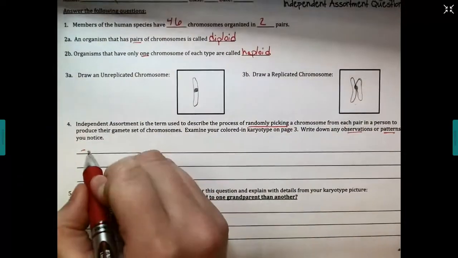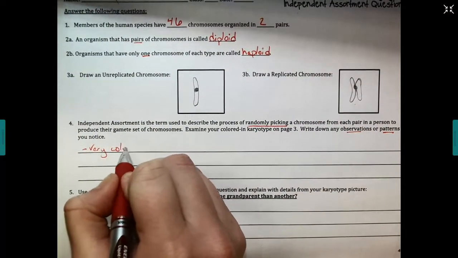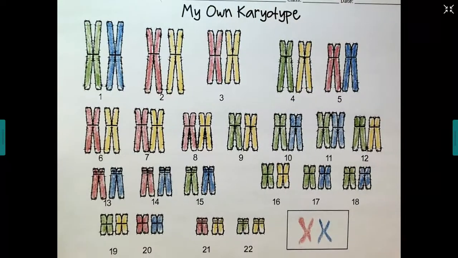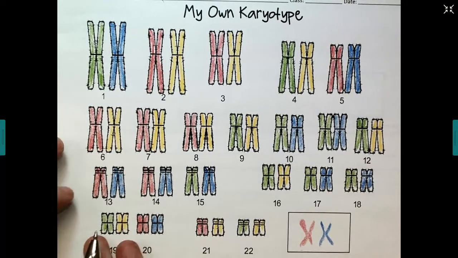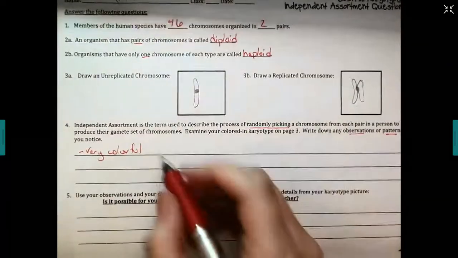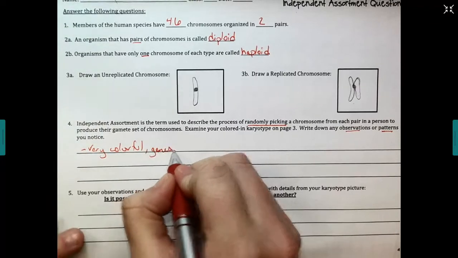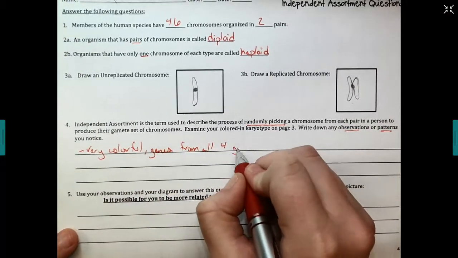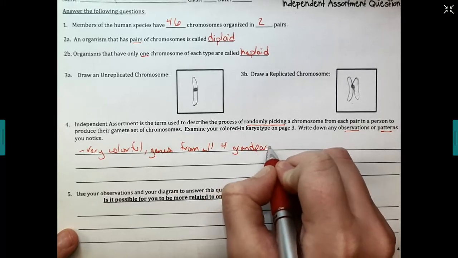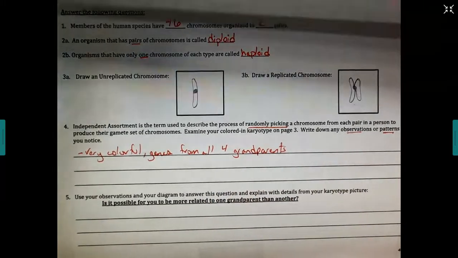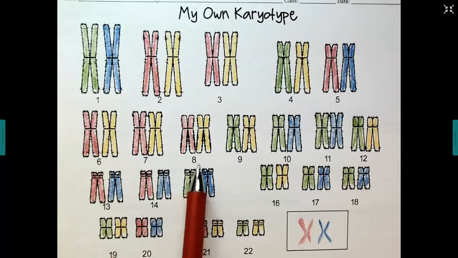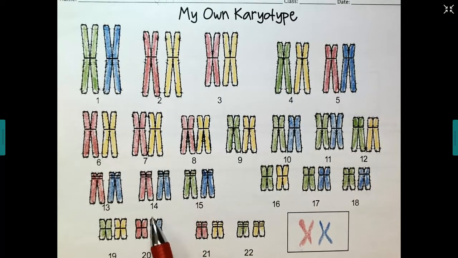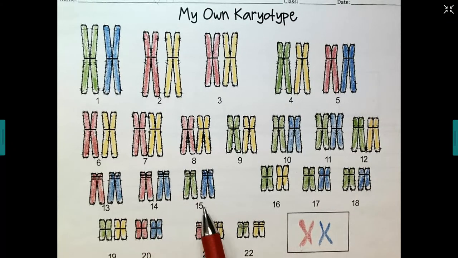It's very colorful. I notice that I do have genes from all 4 grandparents, right? My maternal and paternal grandma and my maternal and paternal grandpa.